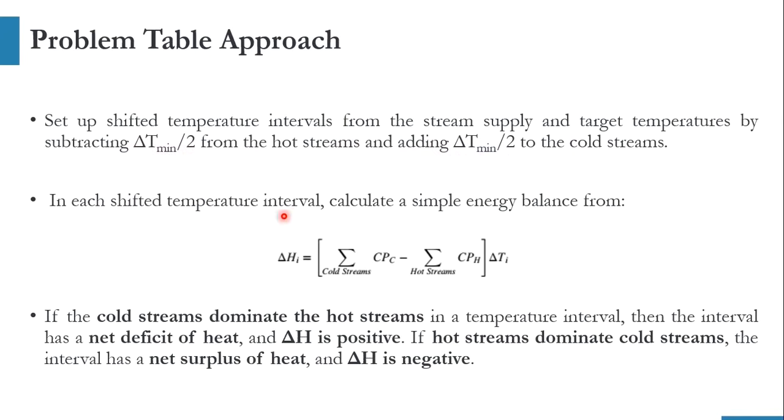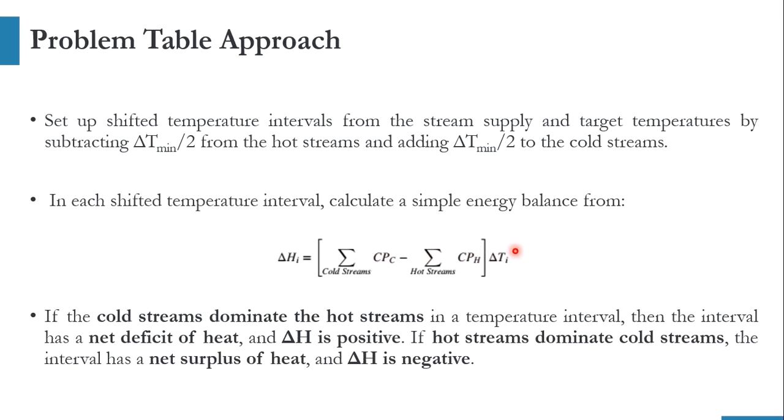In each shifted temperature interval, we will calculate a simple energy balance. How can we calculate it? Delta Hi is equal to Cp of cold stream minus Cp of hot stream, multiplied by delta Ti. The Cp of the cold stream, in our case, is 1, and Cp of H is 1.8. So 1 minus 1.8 multiplied by the temperature interval.